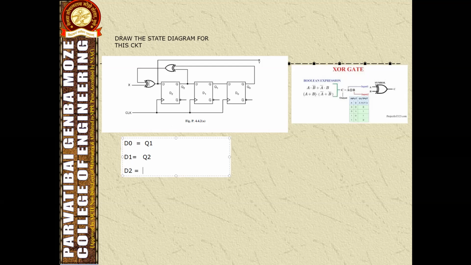The XOR gate has 2 terminals. It provides an XOR with this terminal, and this terminal itself has another XOR gate, which has Q2 and Q0 here.